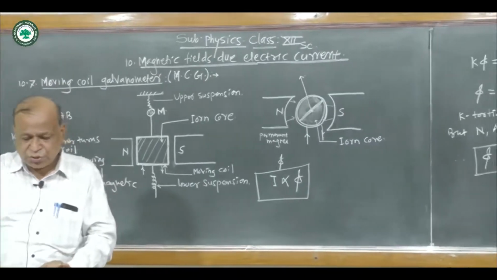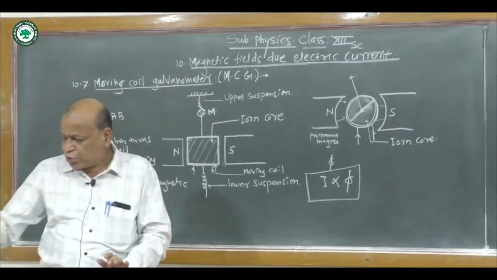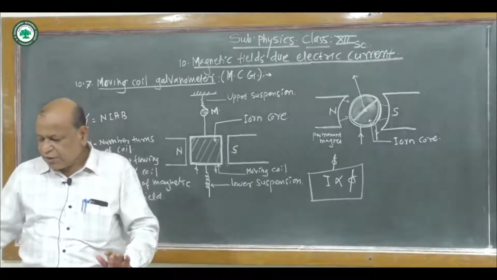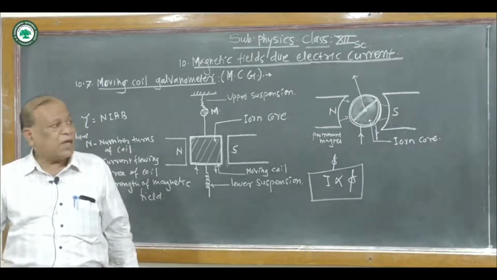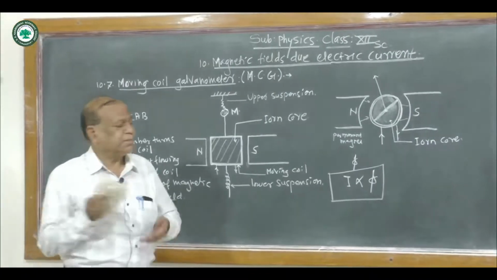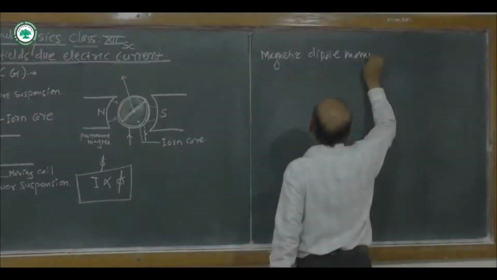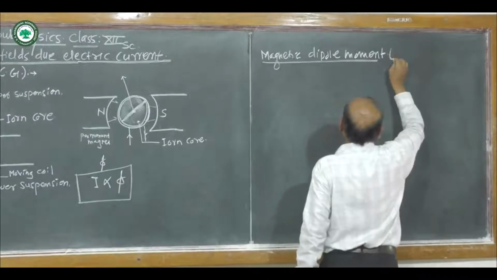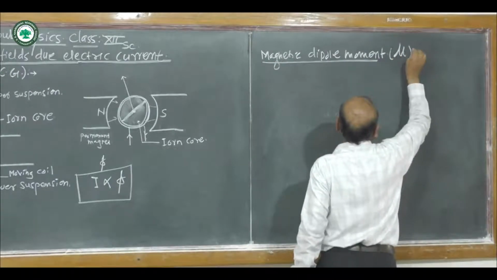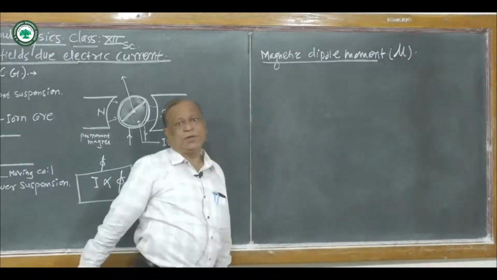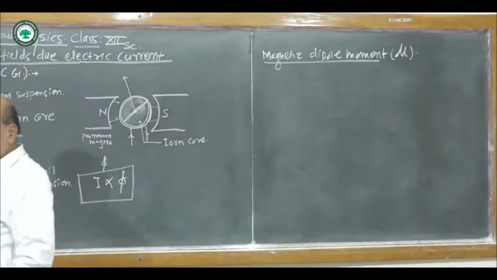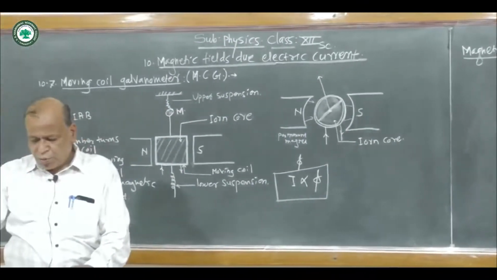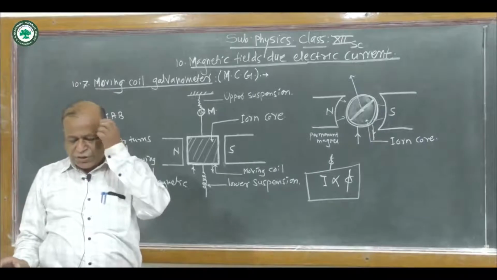Now today also we are going to the next article, that is the magnetic dipole moment. Okay, the magnetic dipole moment, which is denoted by the notation mu here. Magnetic dipole moment is a vector quantity.